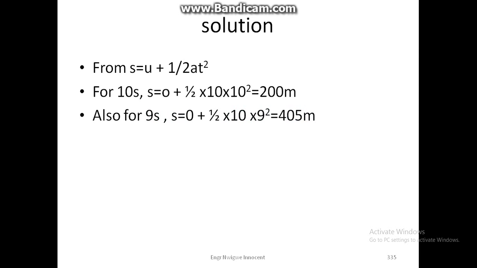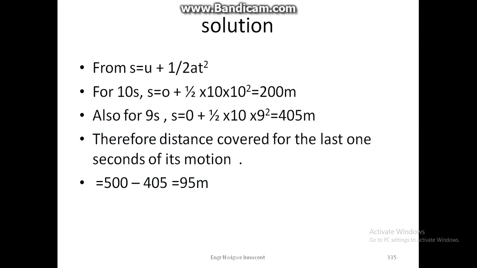Also, for 9 seconds, s is equal to initial velocity 0 plus half times acceleration, which is 10, times 9 squared, which will give us 405 meters. Therefore, the distance covered in the last 1 second of its motion is 500 minus 405, which will give us 95 meters.